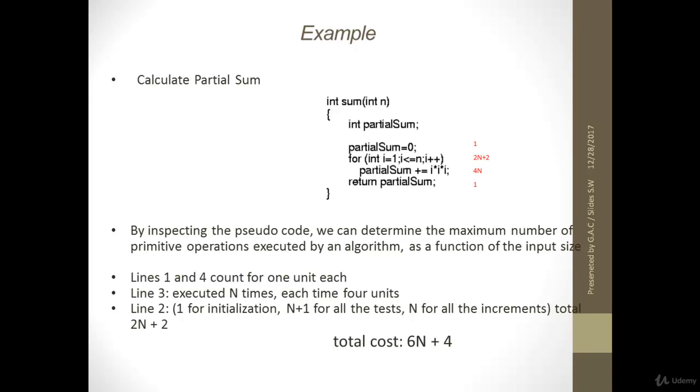Next the for line, line 2: 1 for initialization, n plus 1 for all the tests, since the condition is checked n plus 1 times, and n for all the increments, therefore 2n plus 2.